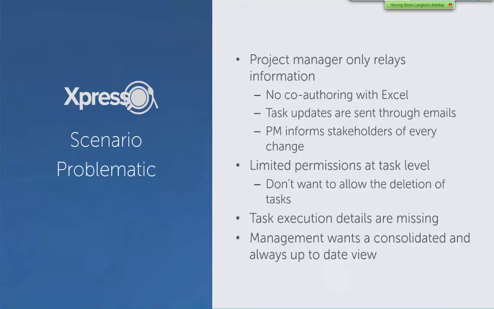I would like to be able to grant them more permissions at their task level, while still limiting other actions like deletions, because I wouldn't want them to delete their tasks or the versions they have on each task. Plus, the management team is always asking me for updates when the file is not up to date. So again, I can't give them the information they want as fast as they need it, or at the exact moment they need it.